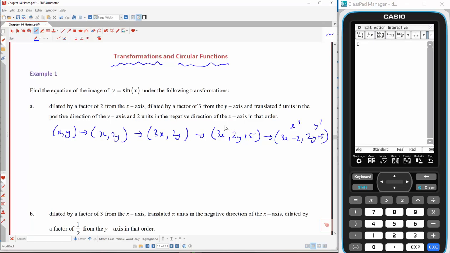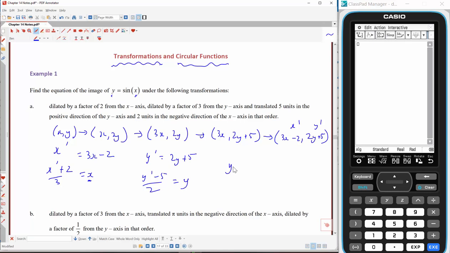Okay, so that's x dash there, that's y dash. What I want to do is sub for y and x. So I'm going to say x dash is equal to 3x take 2, x dash plus 2 all over 3 equals x. Now it's solve for x, which is good because I want to sub for x. Now let's bang in y dash equals 2y plus 5, y dash take 5 all over 2 equals y.